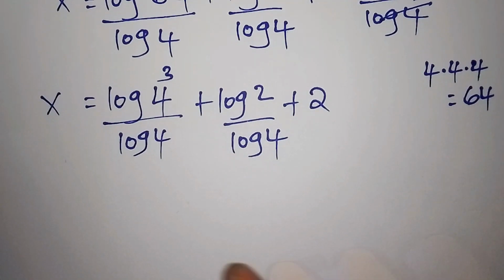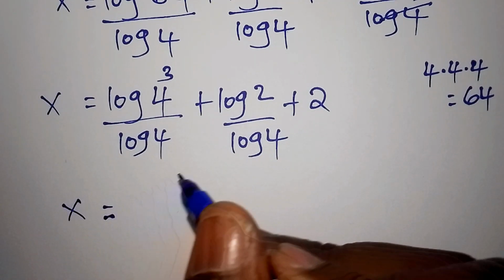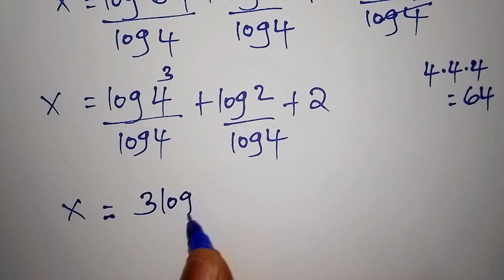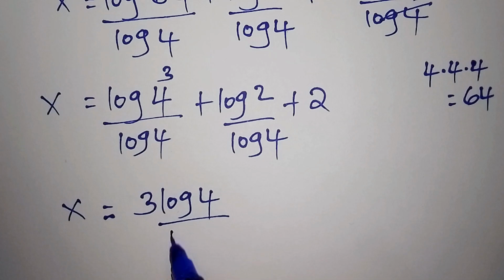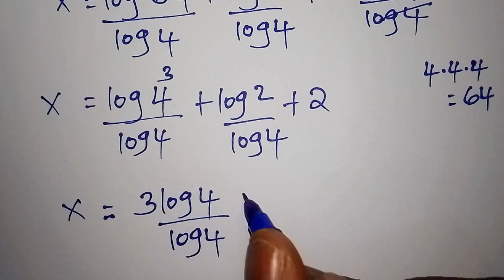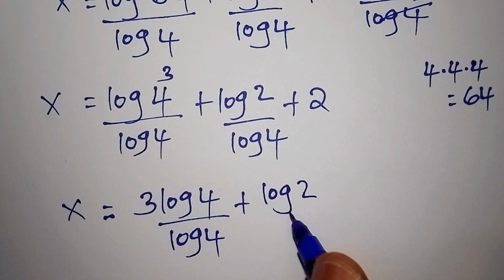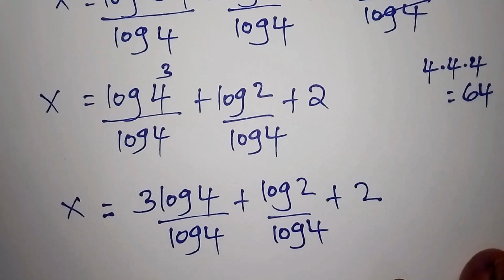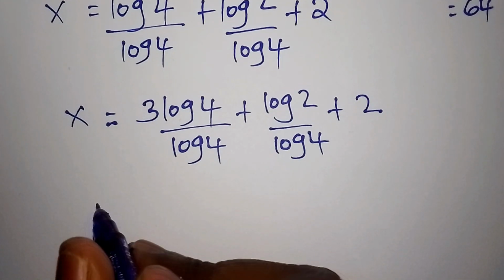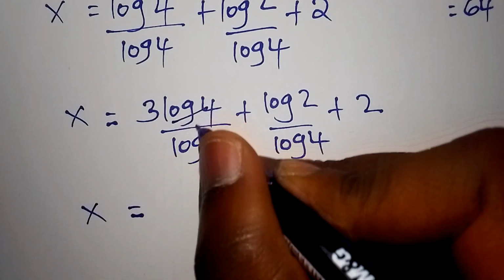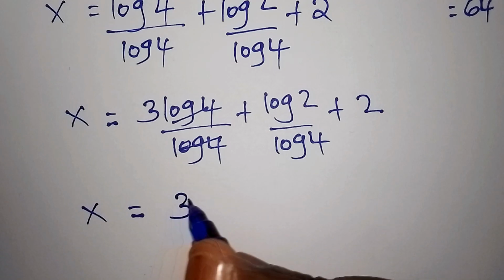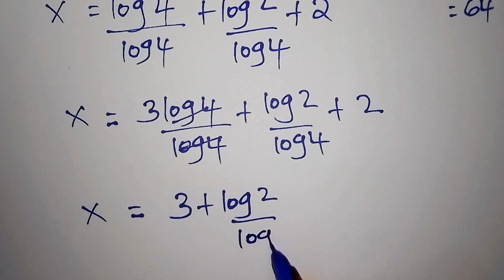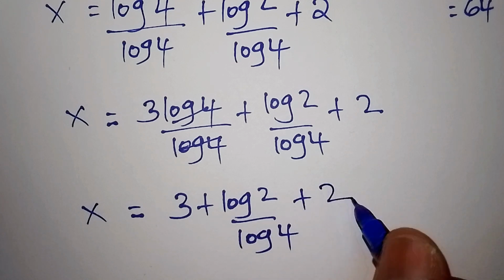So next we shall say that the value for x, because we are finding it, is now, so the log of 4 to the power of 3 can also be written as 3, the log of 4, all over the log of 4, plus the log of 2 all over the log of 4, plus 2. So here now we shall work it out. Finding the value for x is equals to log 4 and log 4 now shall cancel, so now shall remain with 3 plus the log of 2 all over the log of 4, plus 2.